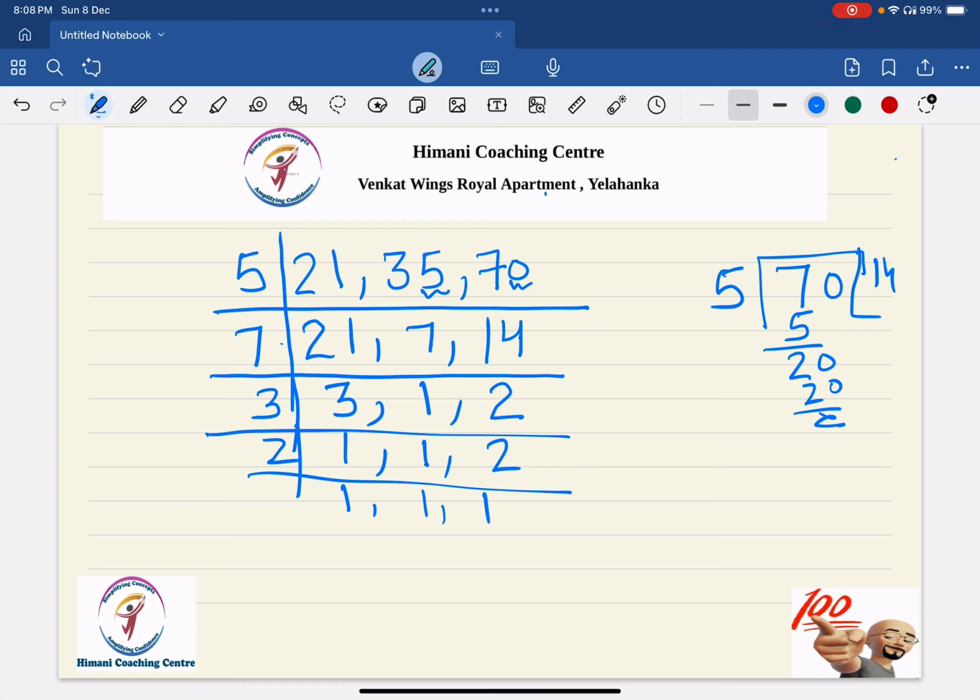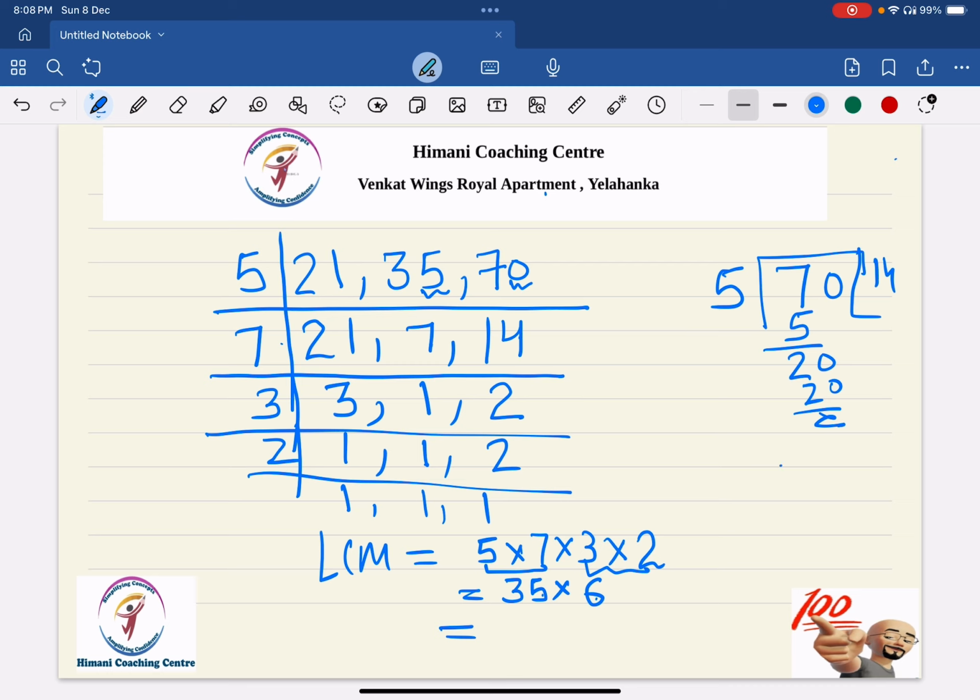So what is the LCM of 21, 35 and 70? LCM is 5 times 7 times 3 times 2. So let us do the working. 5 times 7 is 35 times 3 times 2 which is 6. Now 35 into 6.